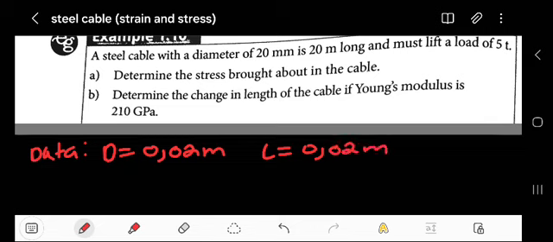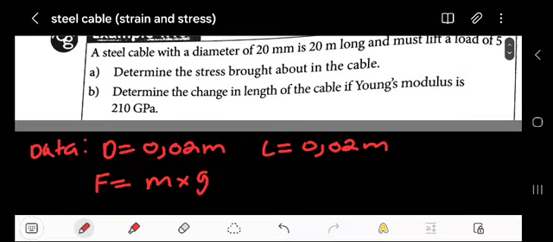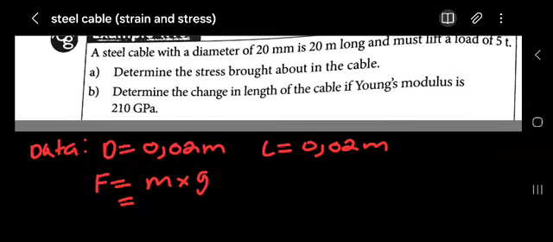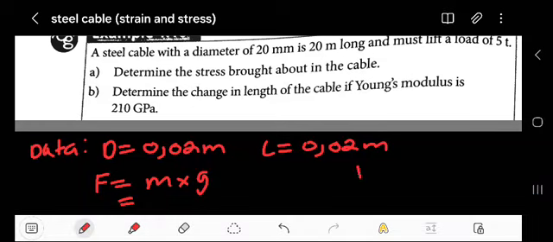Must lift the load. That is a load, but we know that load is simply force, which must be mass multiplied by what? By gravity, isn't it?